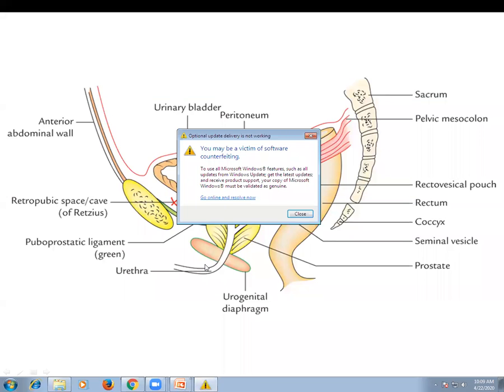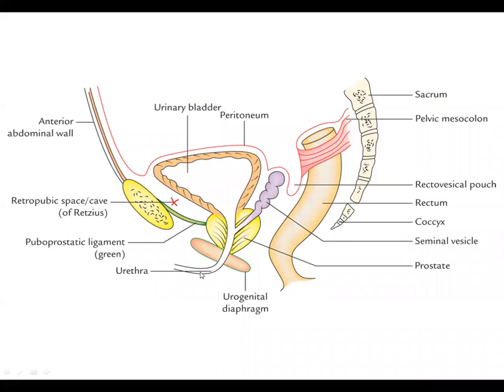This is called the external urethral sphincter. And in case of males, just above this prostate here, there is a collar-like arrangement of the smooth muscle, which is called the internal urethral sphincter. Okay. So the internal urethral sphincter is here above the prostate, and the external urethral sphincter is in the wall of the urethra.